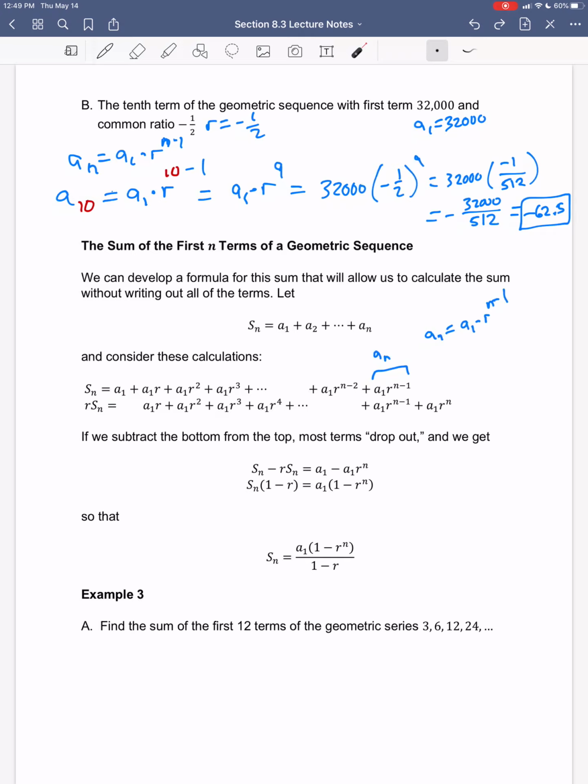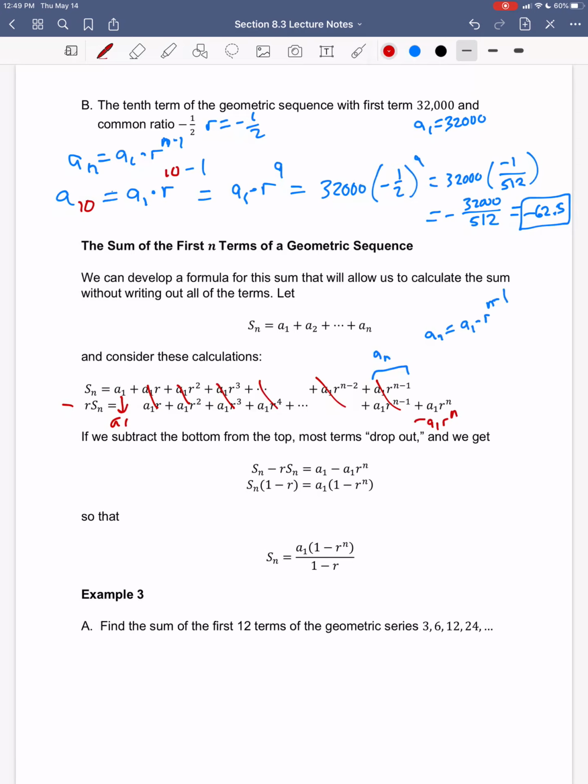And now what I'm going to do is subtract the bottom from the top. So when I do that, of course, the a sub 1 comes down. But these things, when I subtract them, they're all going to cancel out until here. When I subtract the bottom, it's going to be negative.